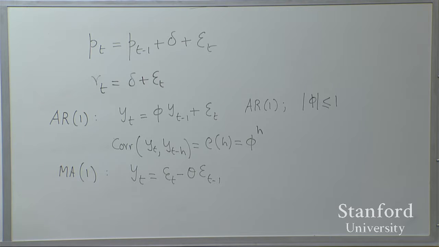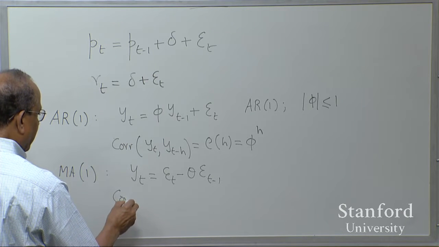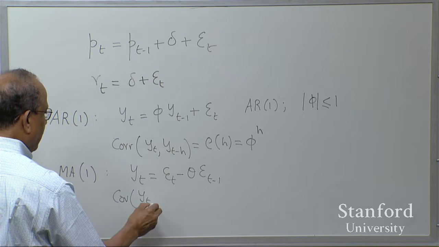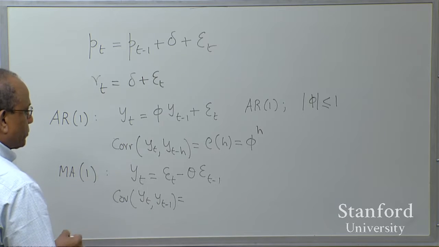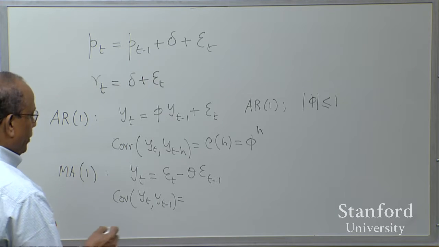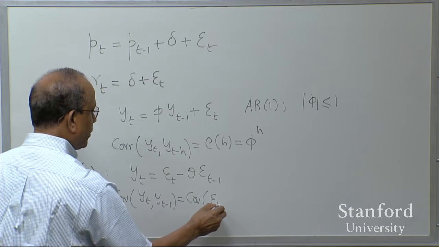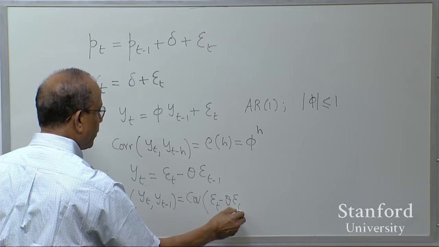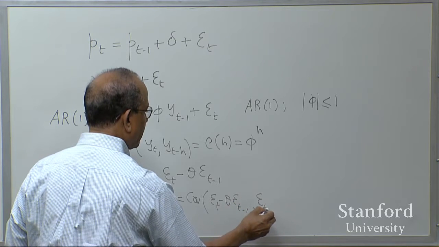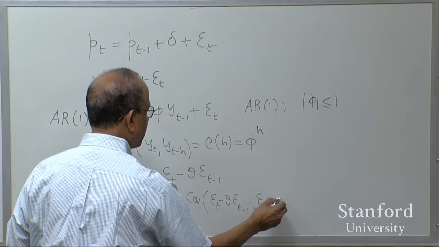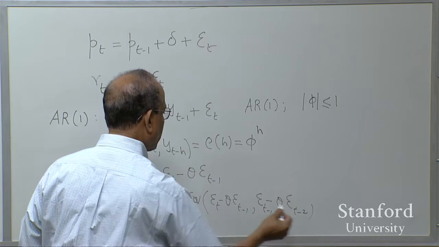And you can show that the covariance between yt and yt minus 1 is going to be the covariance between epsilon t minus theta times epsilon t minus 1, and epsilon t minus 1 minus theta times epsilon t minus 2.